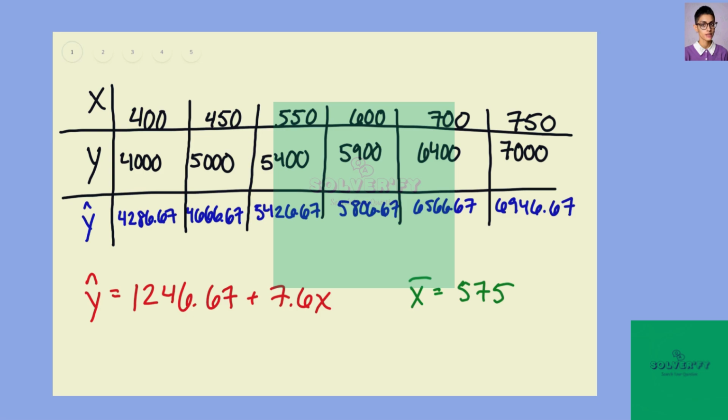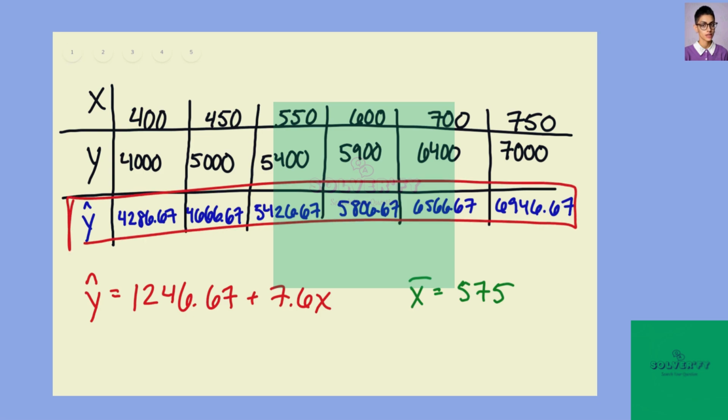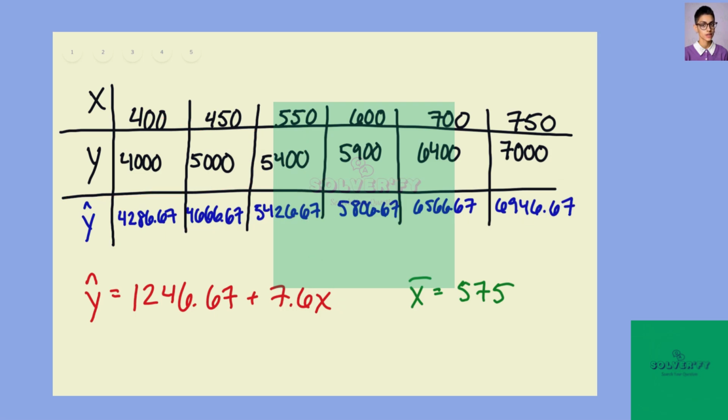We already found the predicted y values by plugging in all these x values, so we just have to take the difference between the actual y values and our predicted estimates.